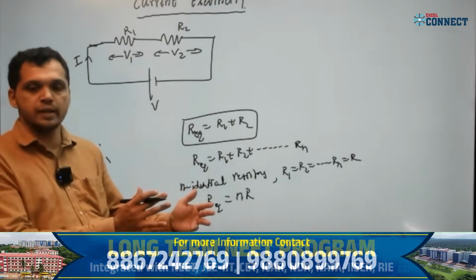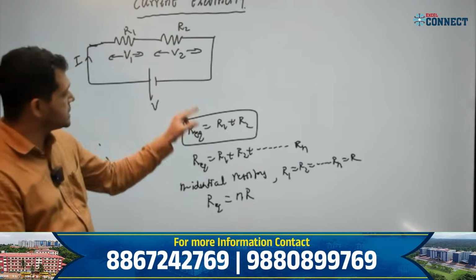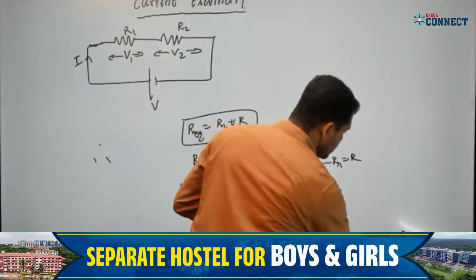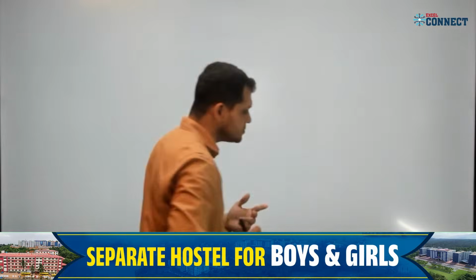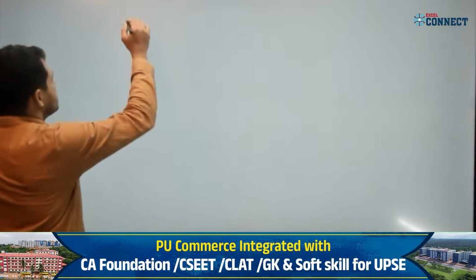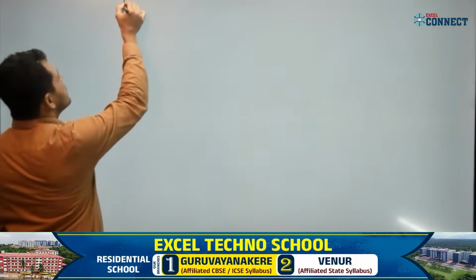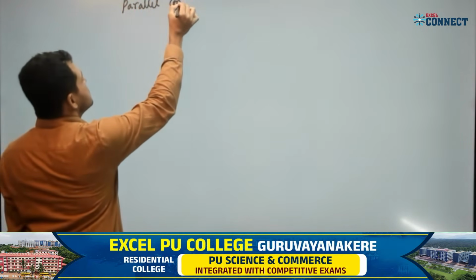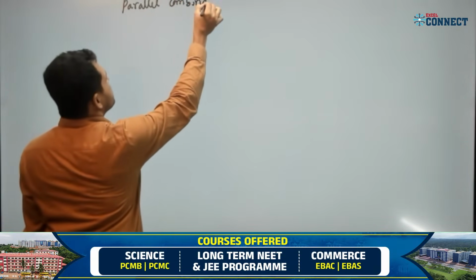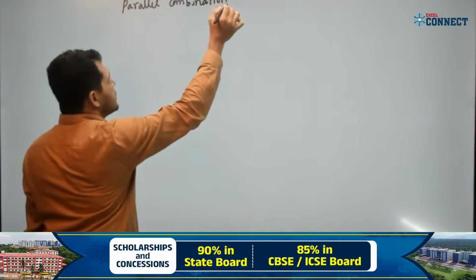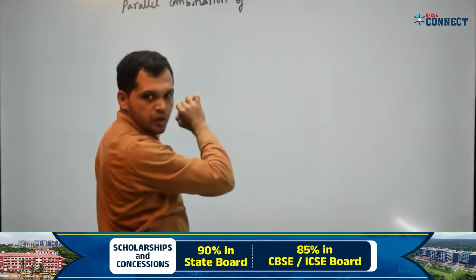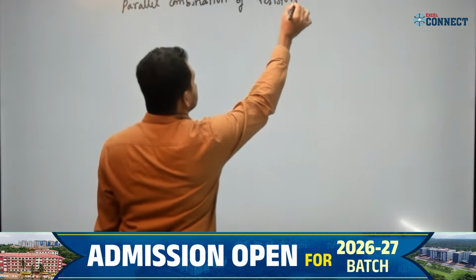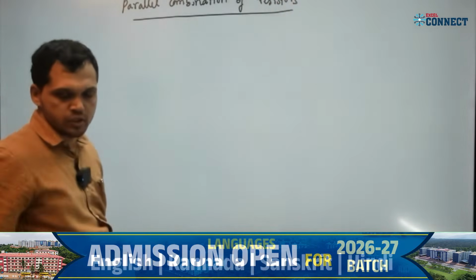How can we get the equivalent in a parallel combination? The detailed derivation I have already discussed in the previous session. Now I will take a parallel combination of resistors.